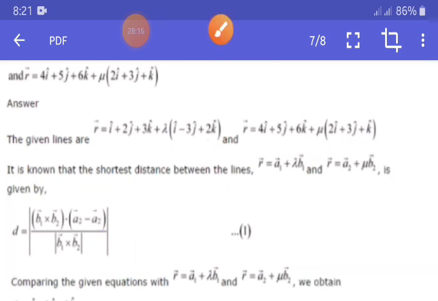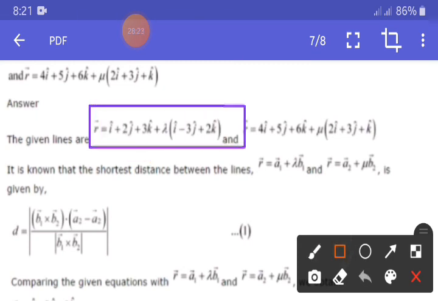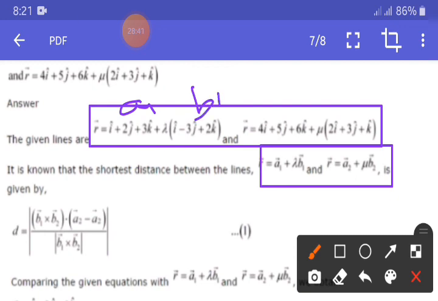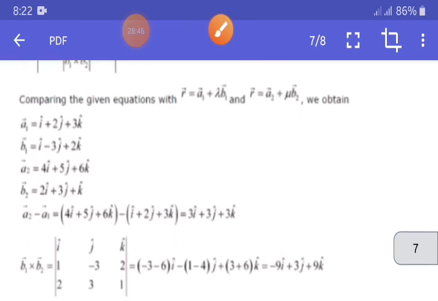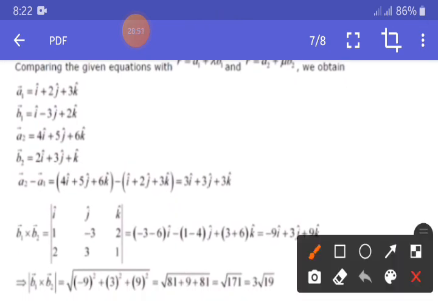Comparing these two equations, we have a1 vector, a2 vector, and b1 vector, b2 vector. We need a2 vector minus a1 vector.